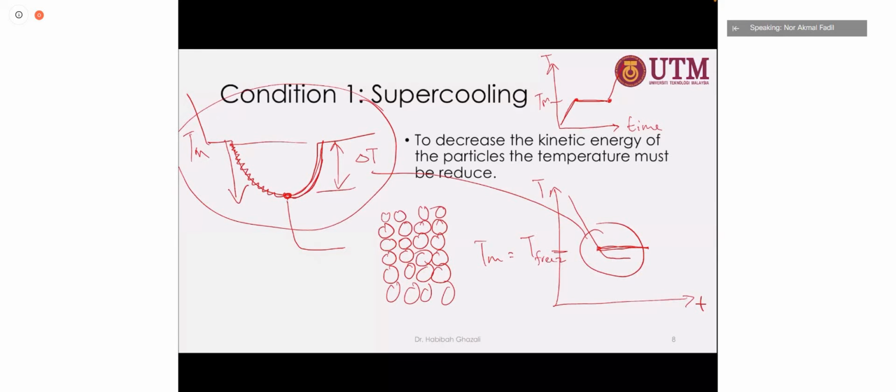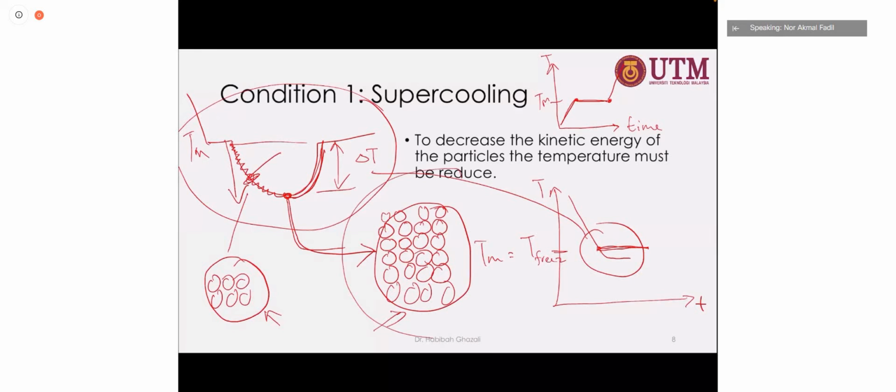Before this, the number of atoms is not enough; if you zoom out, the particle size is not enough to call it a nucleus. But at this point it reaches a sufficient number of atoms, and we can call it a nucleus, and it starts to grow larger. So this is the concept of nucleation during the homogeneous reaction that requires supercooling.